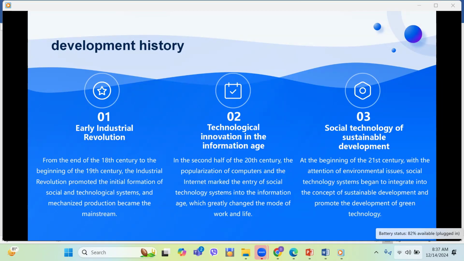At the beginning of the 21st century, with the attention to environmental issues, social technology systems began to integrate the concept of sustainable development and to promote the development of green technology. This is the origin and the development of socio-technical systems, and I hope you have an understanding of that.